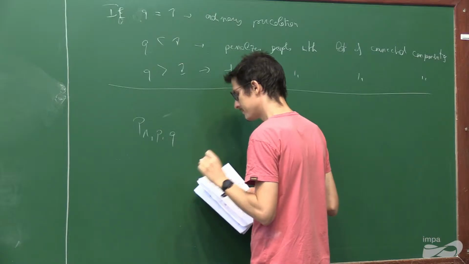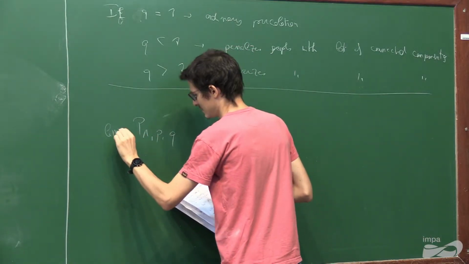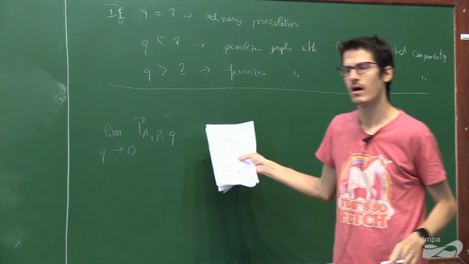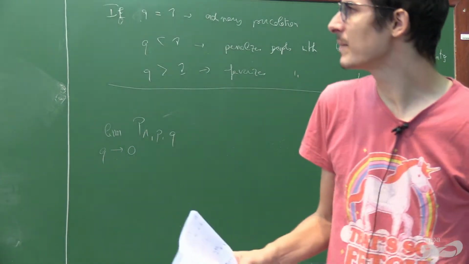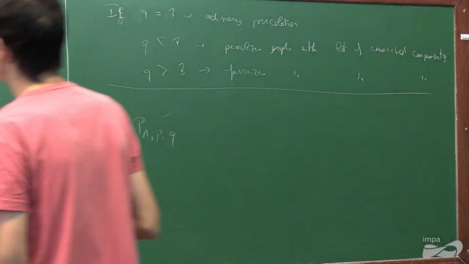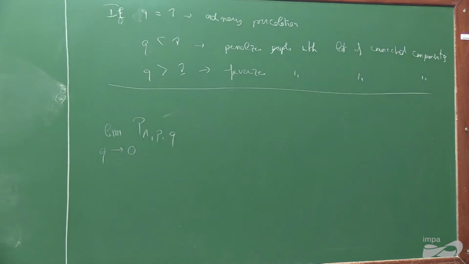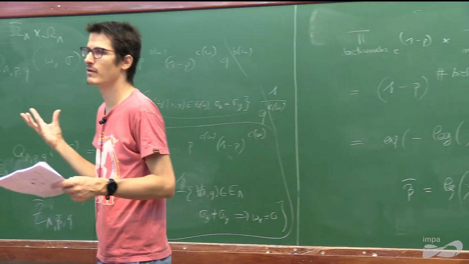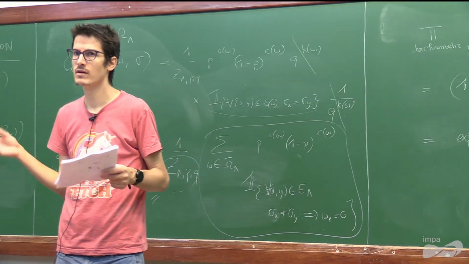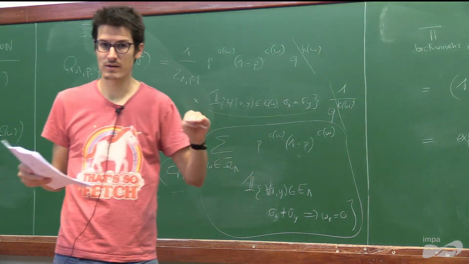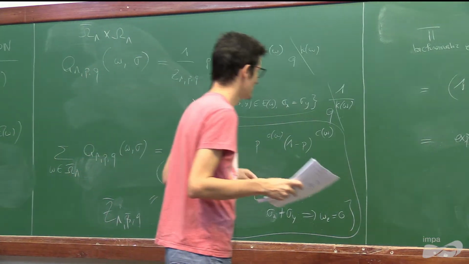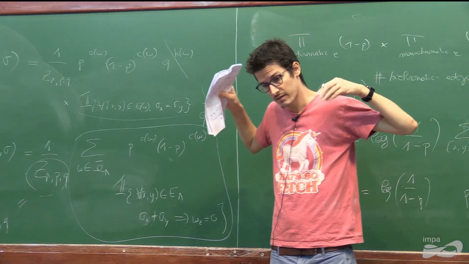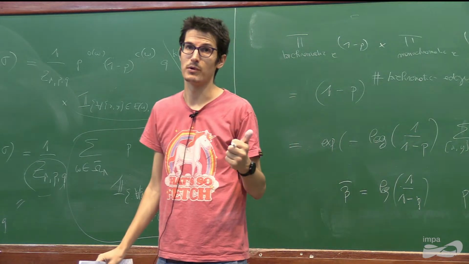If you look at the limit when q tends to 0 of this, basically what will happen is that, because q tends to 0, you will favor configurations which have a minimal number of connected components. So in the limit when q goes to 0, everything will concentrate on configurations with only one connected component.